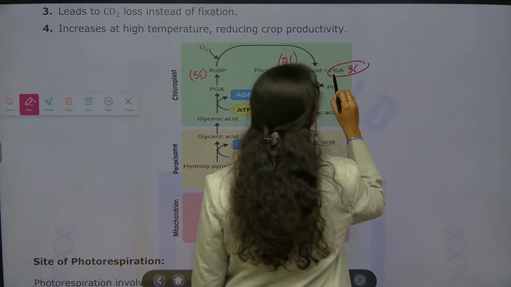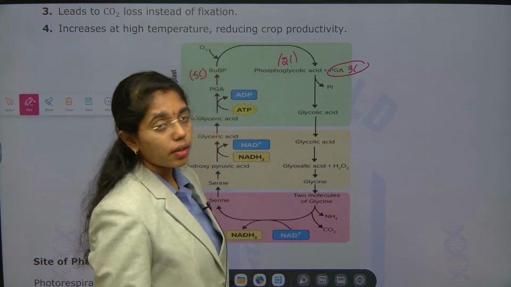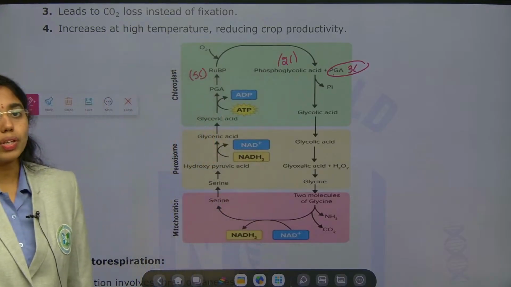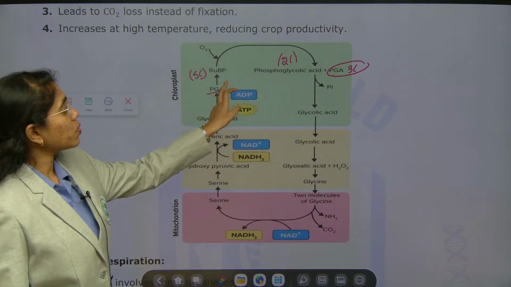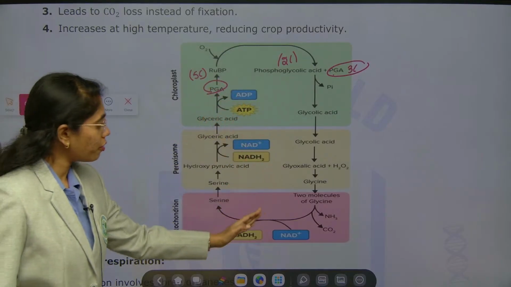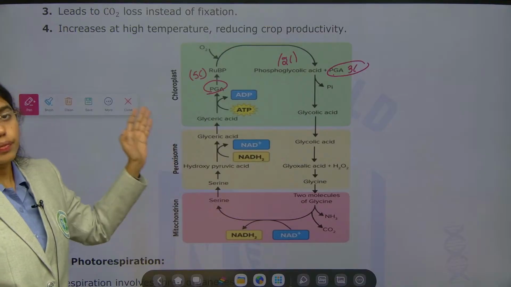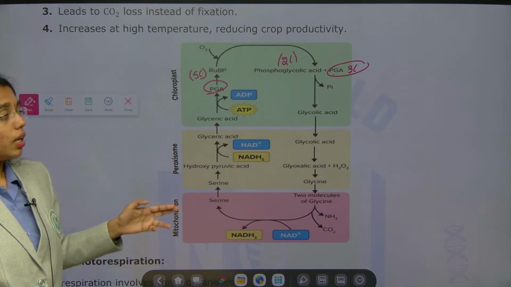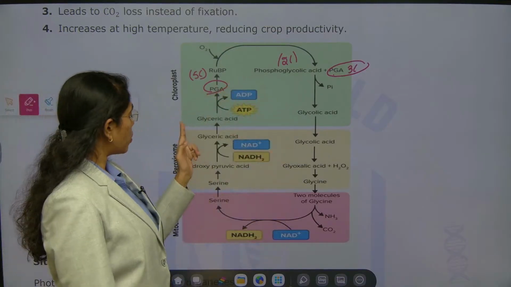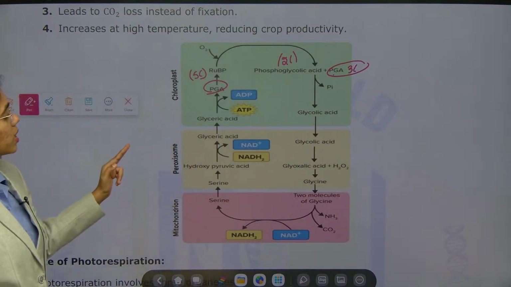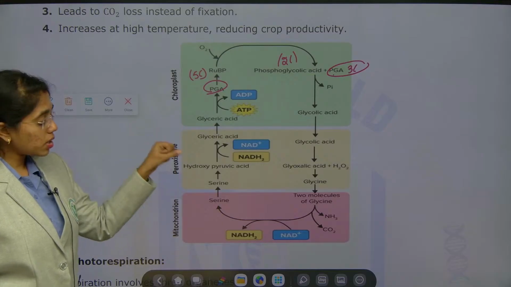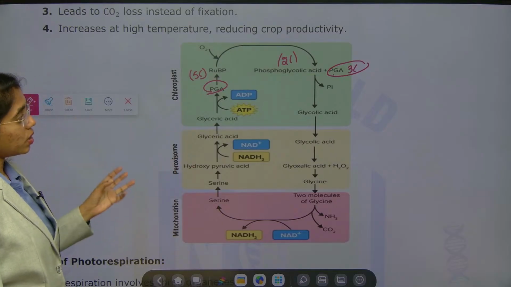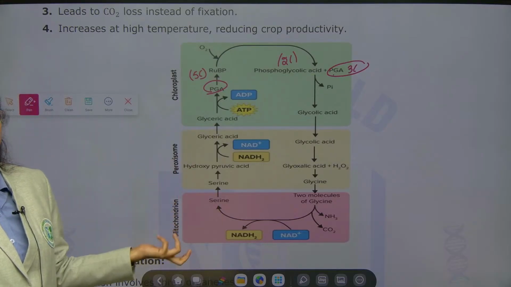Here 1 phosphoglyceric acid will not continue with C3 cycle, right? It requires 2 PGA. To synthesize one more PGA, a whole lot of process is operated, that we are learning as C2 cycle, where it travels across 3 organelles, that is chloroplast, peroxisome and mitochondria. It utilizes energy, releases carbon dioxide. As such, it is considered as wasteful process.